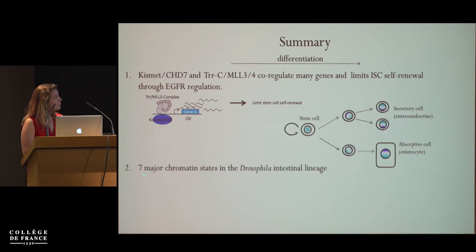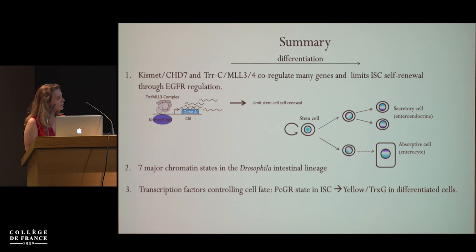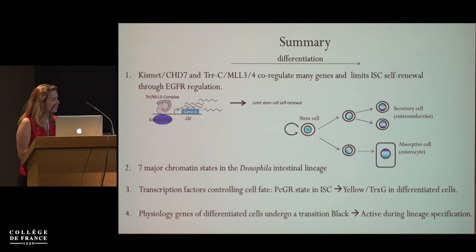I also showed you that we identified 7 major chromatin states within the Drosophila intestinal stem cell lineage, and that transcription factors that control lineage decisions primarily follow this polycomb repressed state to an activated state in the differentiated cells, and that physiology-related genes seem to undergo this transition from a black state to an active state during lineage differentiation.